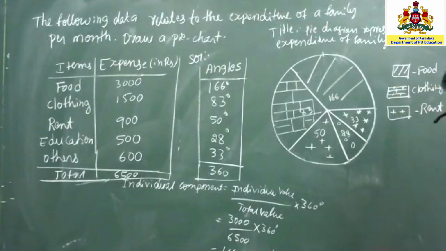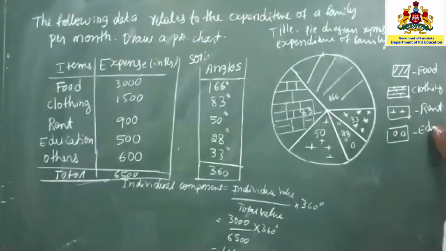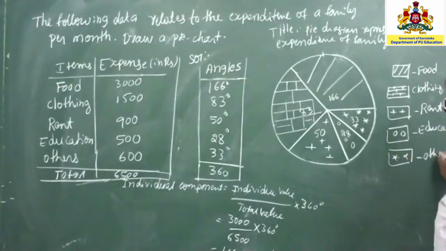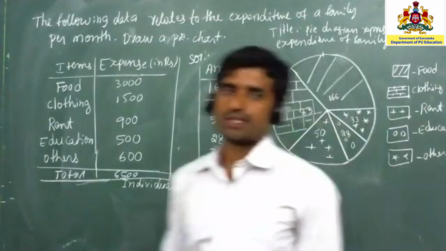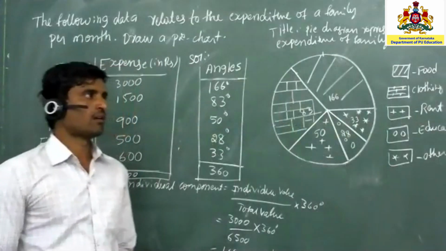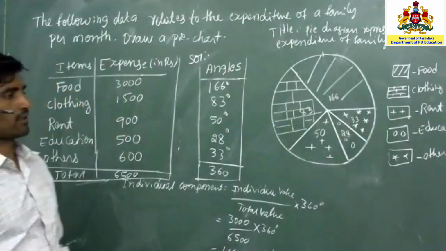And next one, the circle, is education, and the star mark is what? Others. Right. So this is the solution or construction of the pie chart.